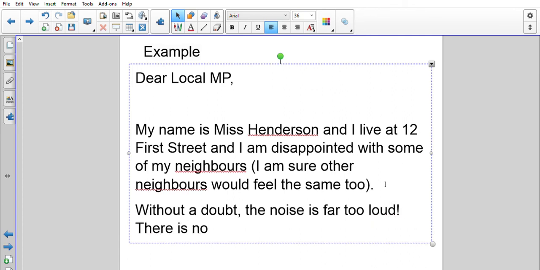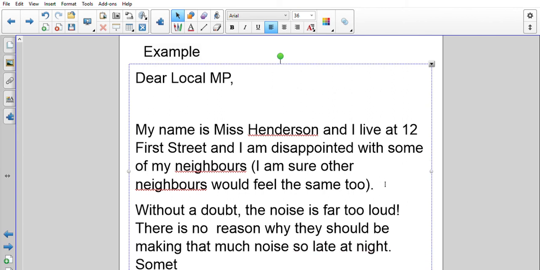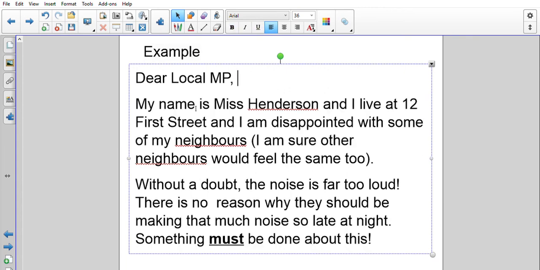There is no reason why they should be making that much noise so late at night. Something must be done about this. So I've used my modal verb there. Modal verbs are key to what you are going to be writing today.